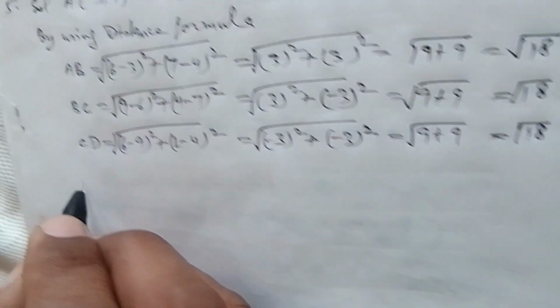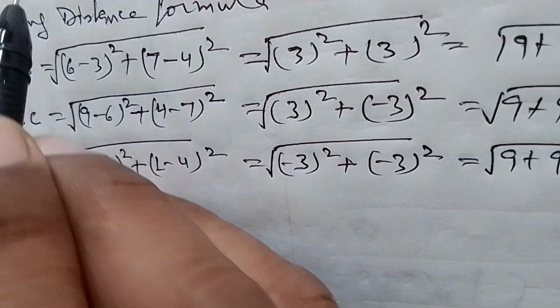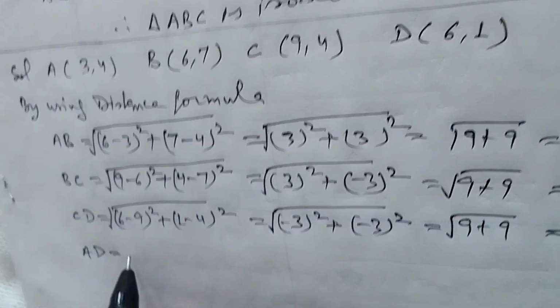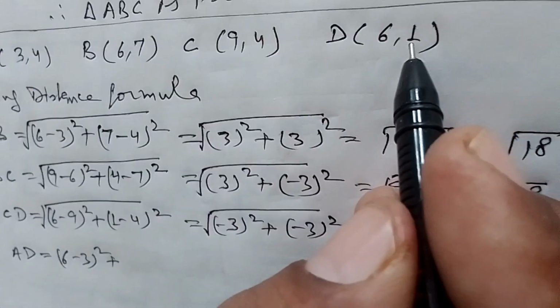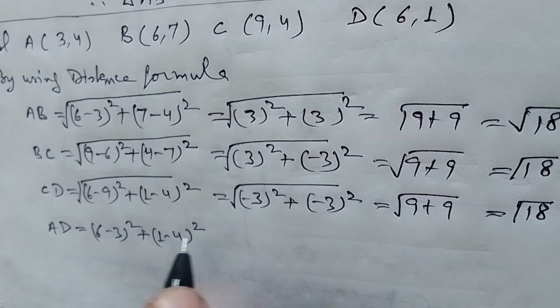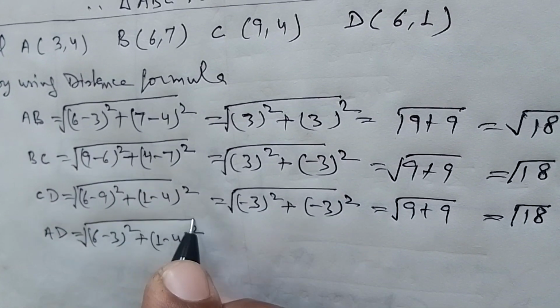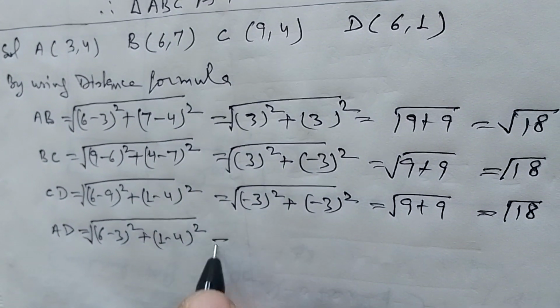Now the last one, the distance between points A and D: (6 minus 3) squared plus (1 minus 4) squared. These are all according to the distance formula.